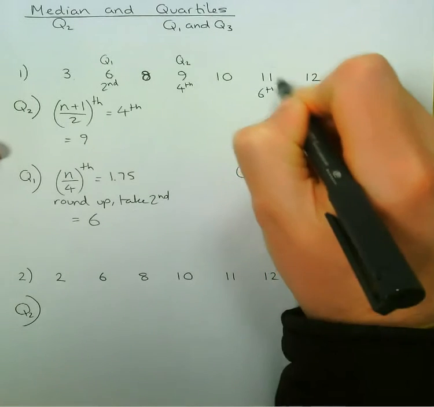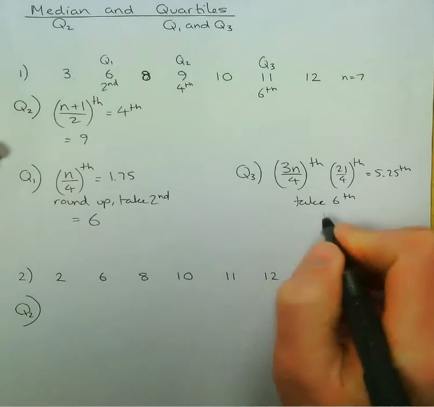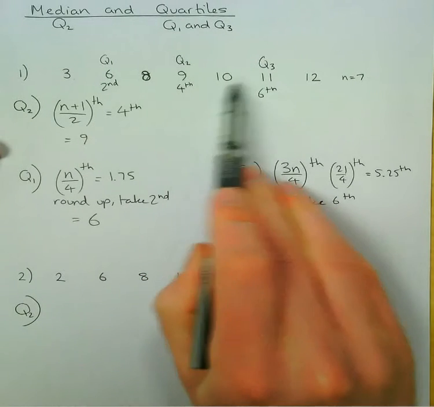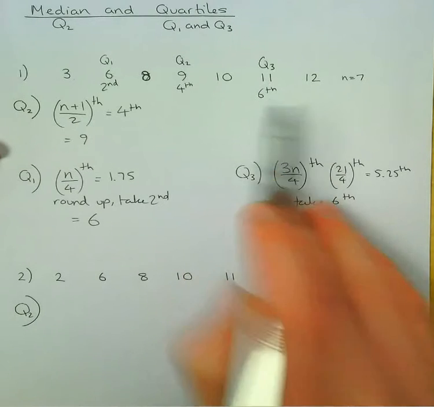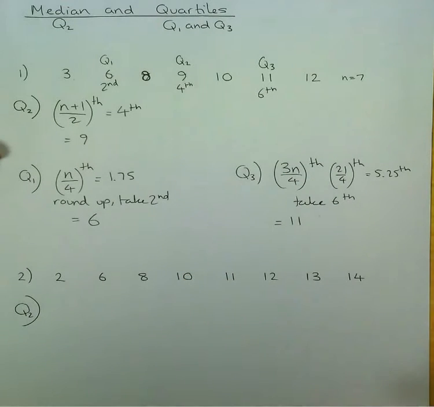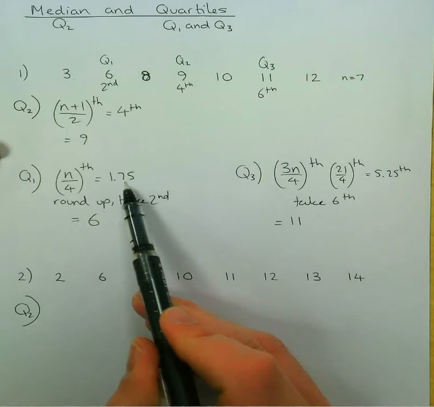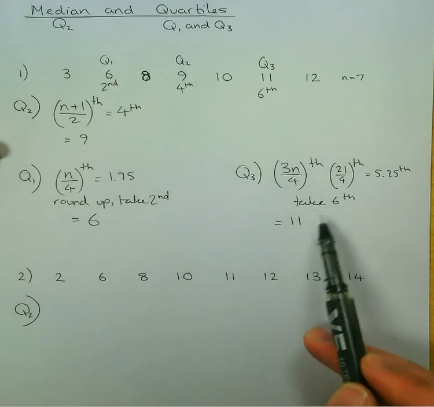So there's the 6th, and that is quartile 3. So that is 11. And again, for the same reason, on this side there were 3 numbers to the right of the median, the middle one being 11, so that must be the quartile. So to start off with then, if you're getting a decimal, we are going to round up. Seems a bit weird, but just go with it, please.